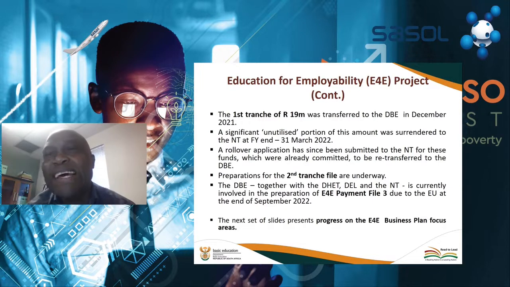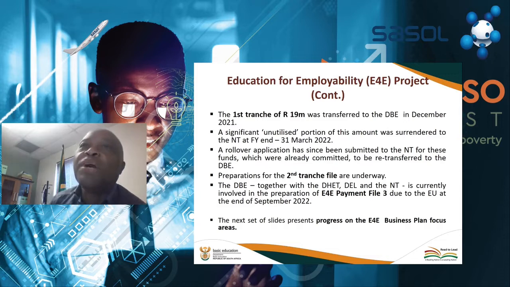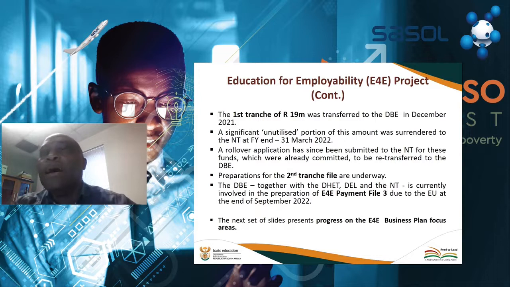We want to submit a request for the second tranche allocation to DBE, which is separate from the rollover application, just to be specific, so that all the activities that are lined up for the 2022-2023 financial year will then be carried out from the second tranche budget, which we are about to submit to National Treasury.